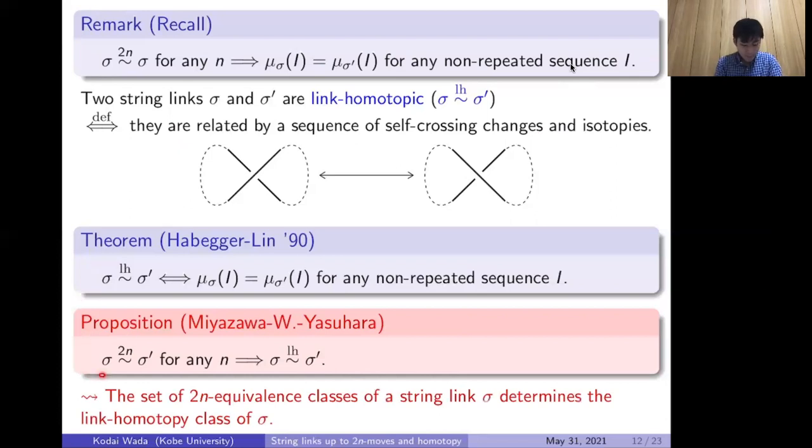If two string links are 2n-equivalent for any n, then they are link-homotopic. Therefore, the set of 2n-equivalence classes of a string link sigma determines the link-homotopy class of sigma. I think this is an interesting consequence of our result.